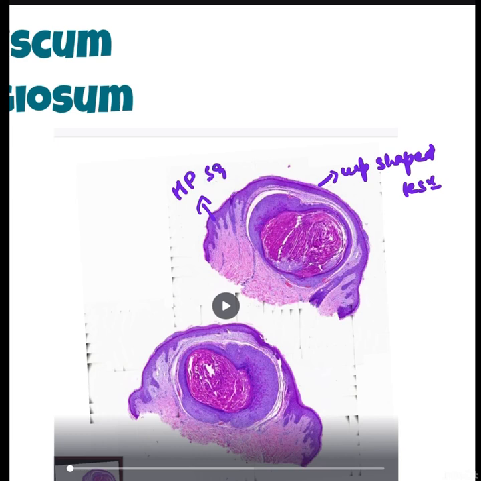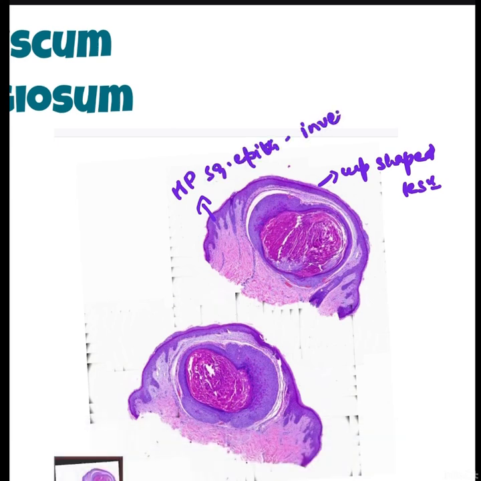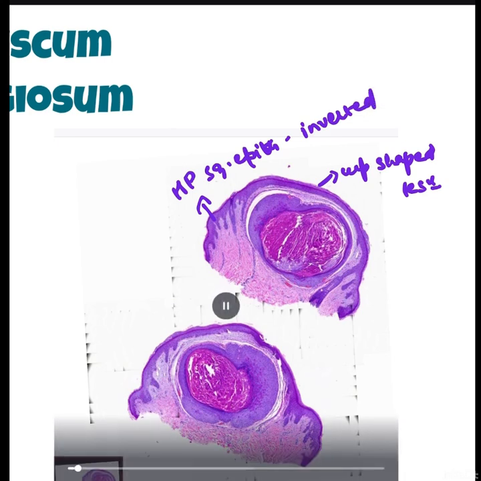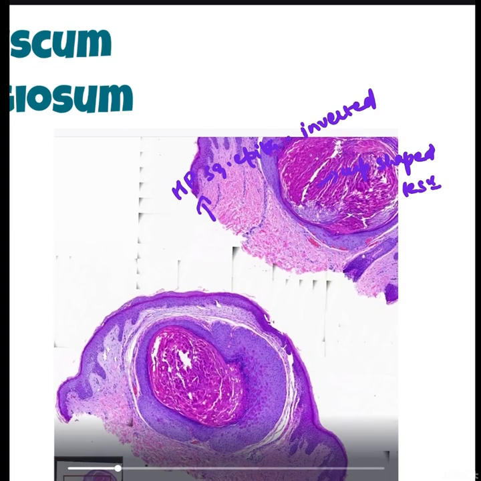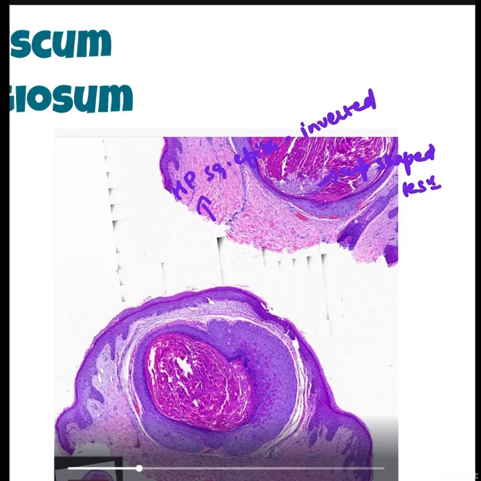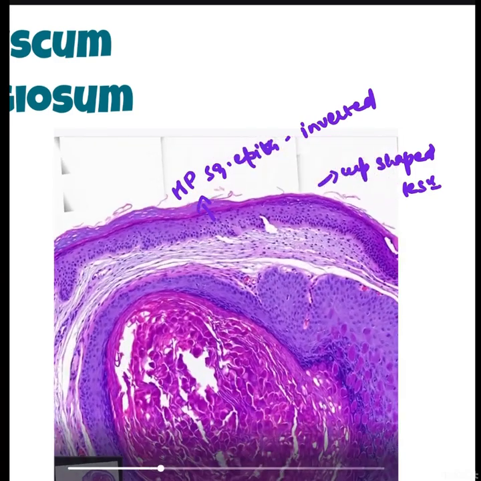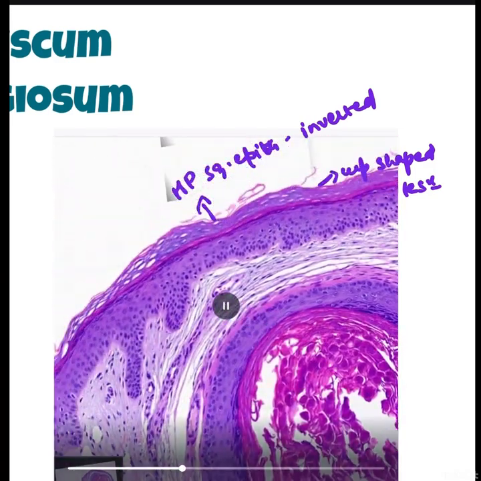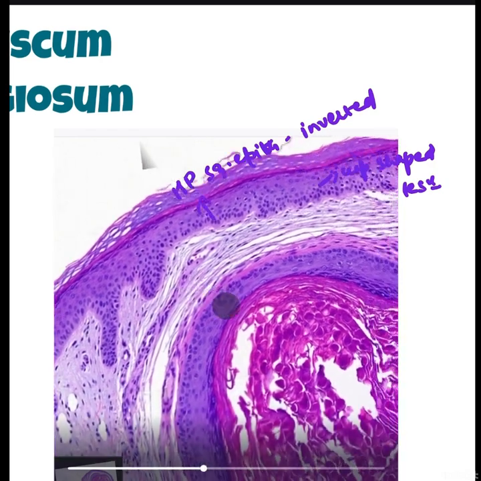So this is the hyperplastic squamous epithelium in an inverted shape. As you can see further in this video, inside the dermis, you have these Henderson-Patterson bodies or molluscum bodies, very, very characteristic intracytoplasmic eosinophilic inclusions, as you can see in this video.